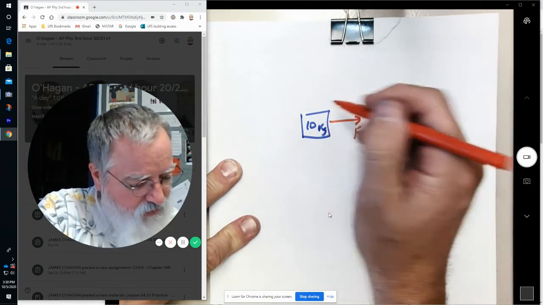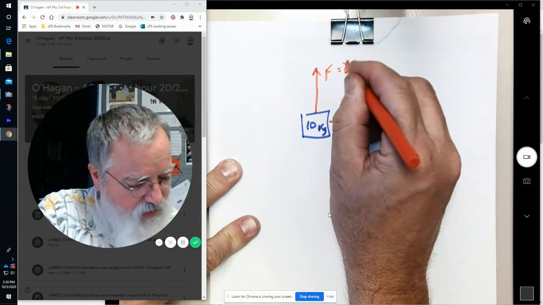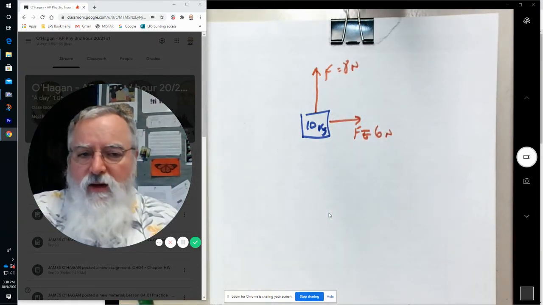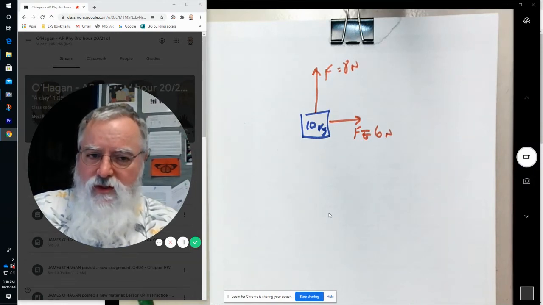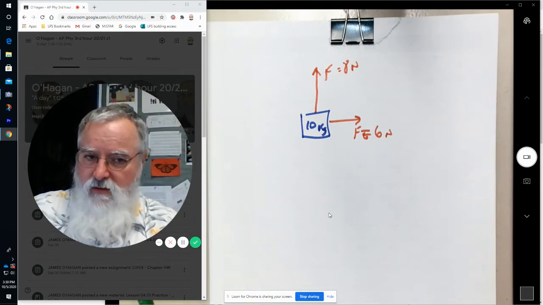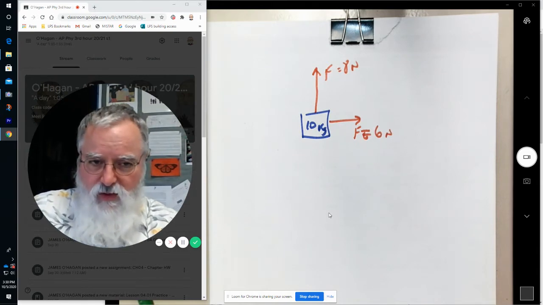And up this way, we've got a force equal to 8 newtons. I want to know what is the third force which will cause this object to have an acceleration of 0.